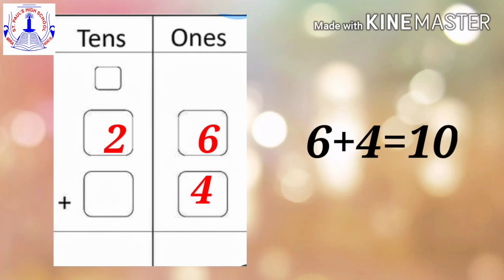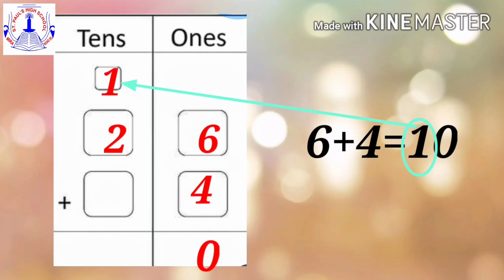So 6 plus 4 is 10. Now in the number 10, 1 goes in the tens place and 0 goes in the ones or units place. Yes or no? So 0 will go down and 1 will go in the tens place.